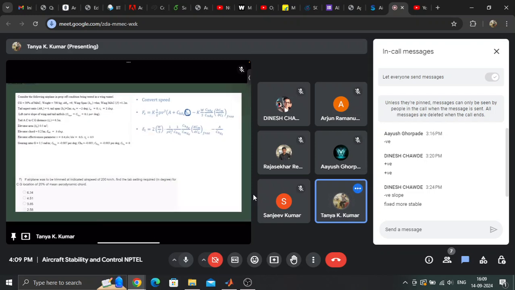A and dCm by dCL free, that we've already found out. So now you can just plug in these values into the delta T equation and find the answer.